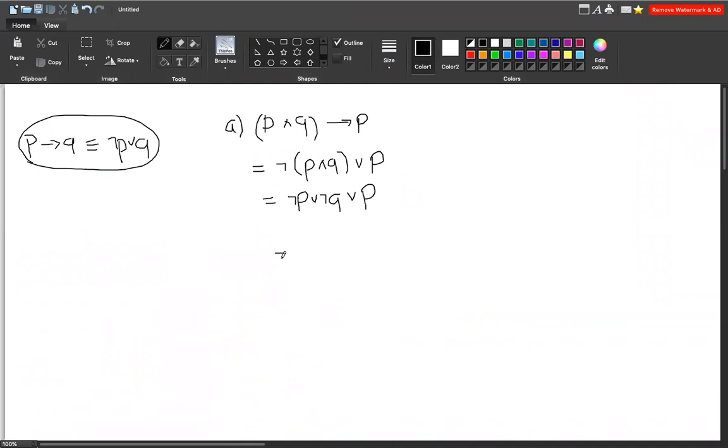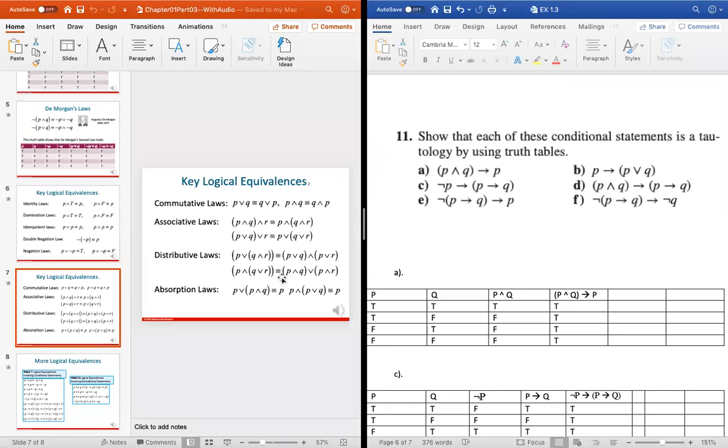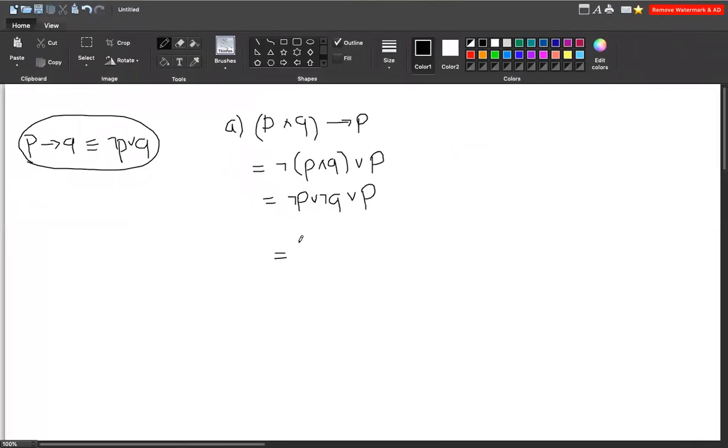Now we can order them up because they have the same level of precedence, and according to these equivalences, we can switch them around. Because P and P are similar, we're going to put them together because we can solve them. Negation of P or P, then we have or negation of Q here.